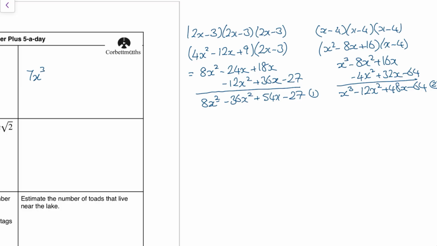Minus 36x squared minus minus is a plus, so plus 12x squared is going to get me back to minus 24x squared. 54 minus 48 is 6, so plus 6x. And minus 27 minus 64, I'm not going to risk this last one, so minus 27 minus minus 64 is plus 64, which is plus 37.